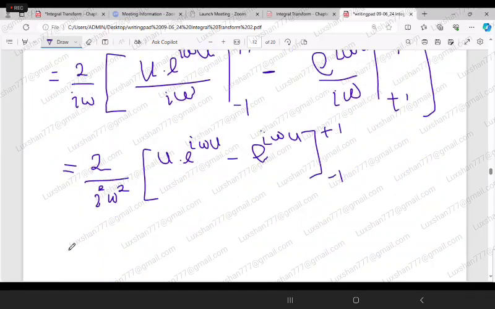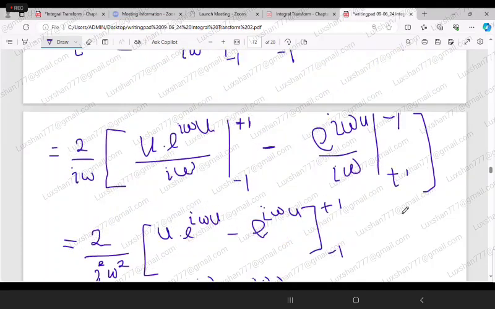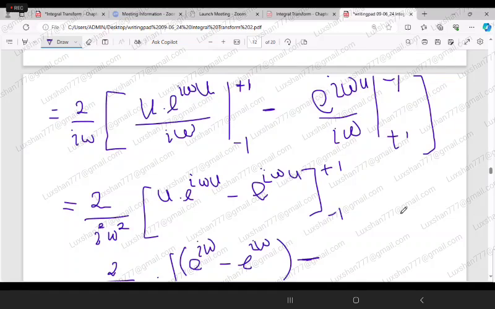I don't know whether I'm making any mistake here. So if I put plus 1, 2 over i squared omega squared into, if I put plus 1, then I will get e to the power i omega minus e to the power i omega, that vanishes. And if I put minus 1, sorry, I don't know whether I am correct or wrong.